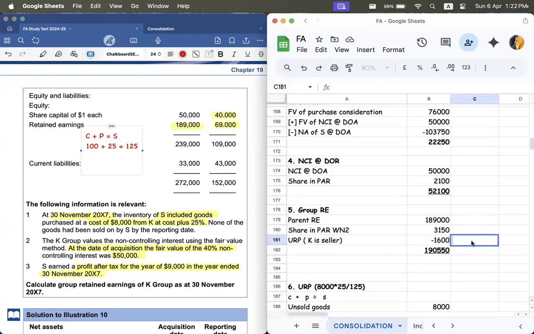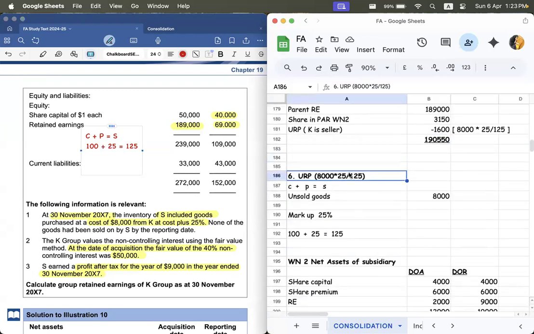To find the URP, you take 8,000, which they have told you, into the profit, divided by 125. Always remember the equation that I've taught you. So you get the group retained earnings as such.